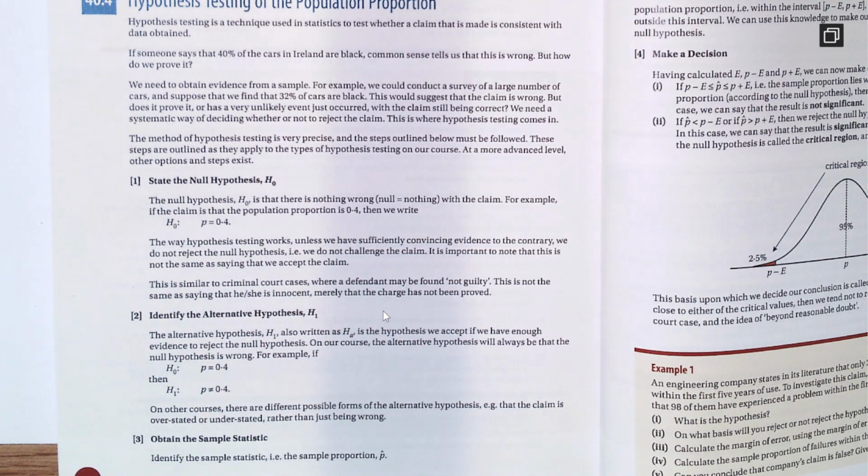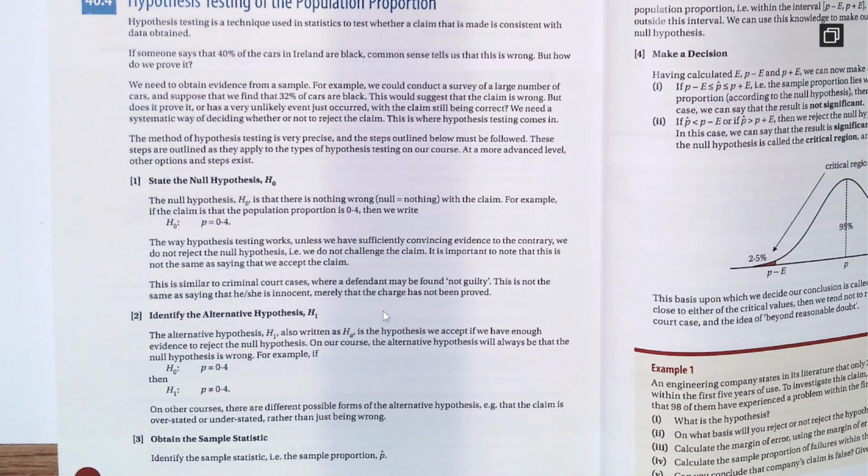Now, identify the alternative hypothesis. The alternative hypothesis in this case is P is not equal to 0.4. So it's either going to be equal to 40% or it's not equal to 40%. The alternative hypothesis, H1, also written as HA, is the hypothesis we accept if we have enough evidence to reject the null hypothesis.